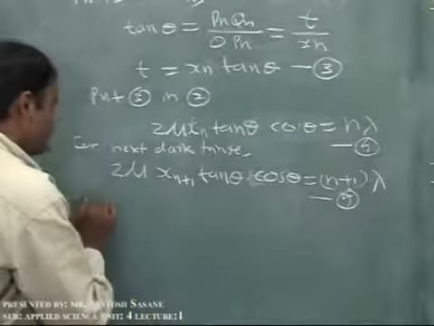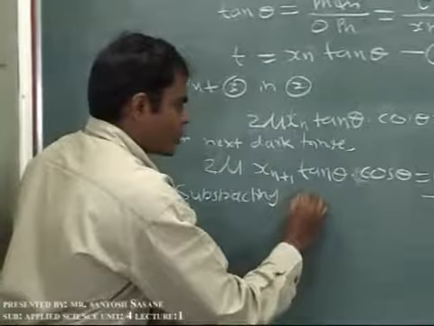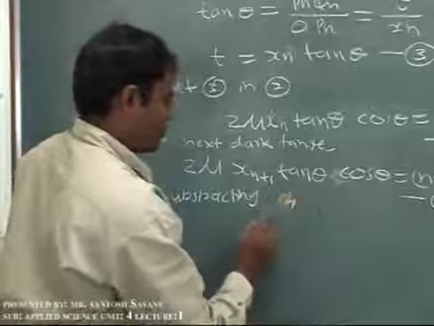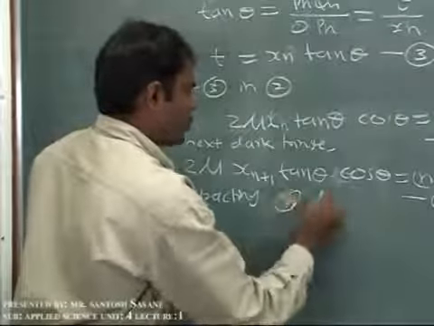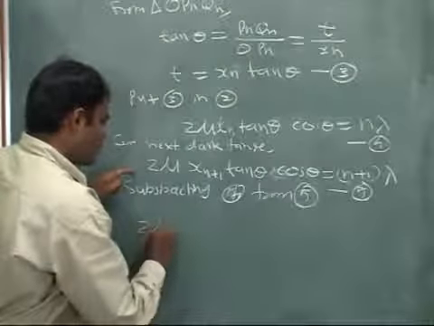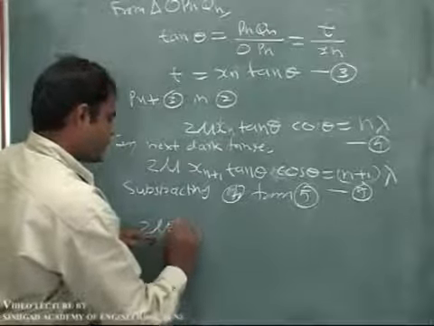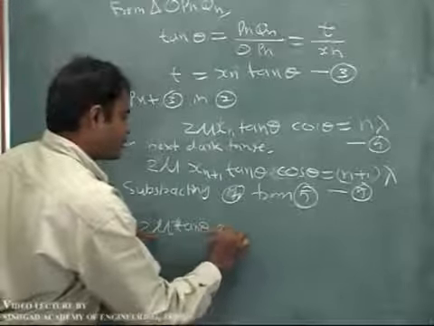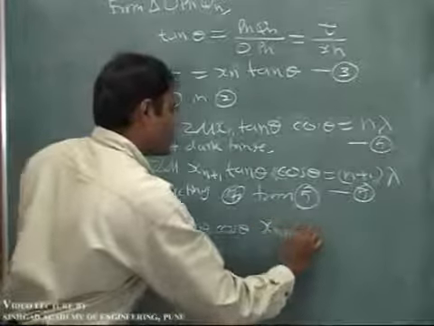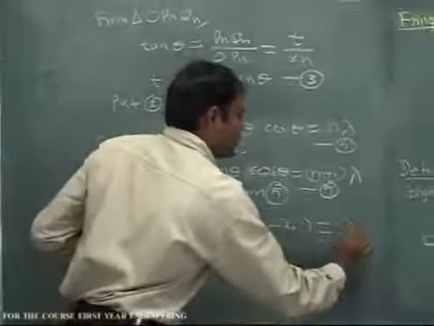Now subtracting equation number 4 from 5, we will get 2μ, the common term as it is, that is tan θ cos θ into (x(n+1) − xn), is equal to λ only.